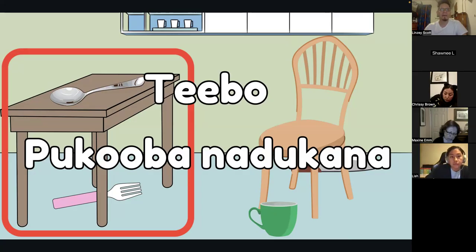Another way that uses more of a descriptive Numu way of describing it is bukuba narukana, which basically means on which, or on which is your food, the place where your food is on top of.